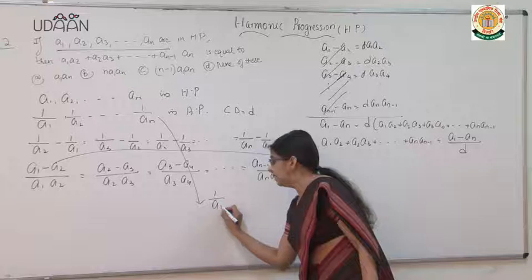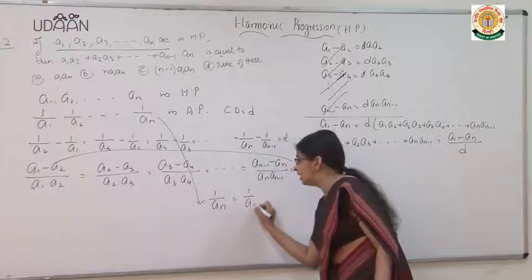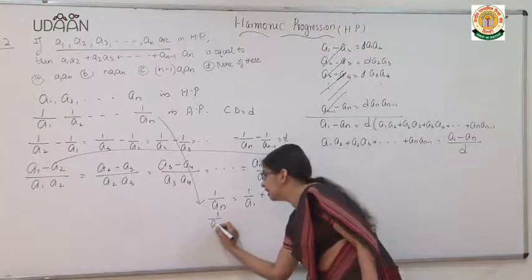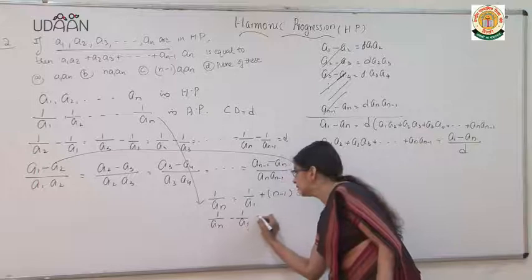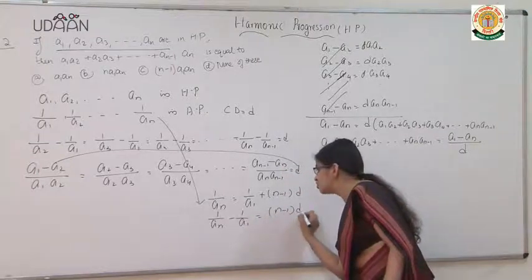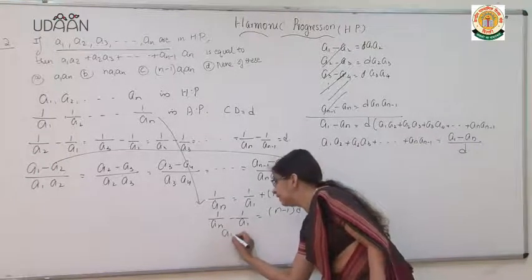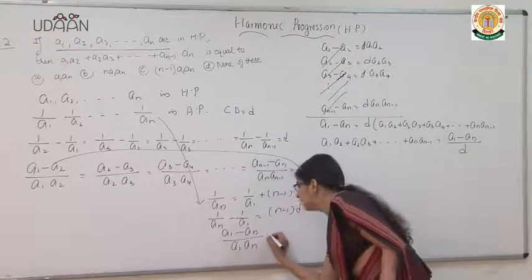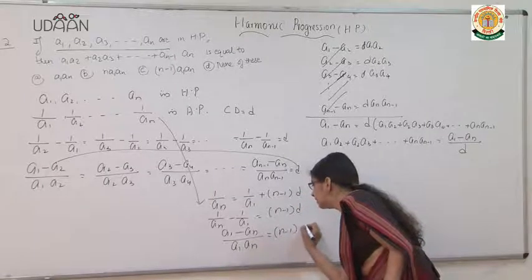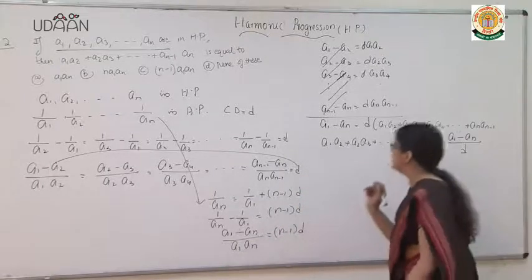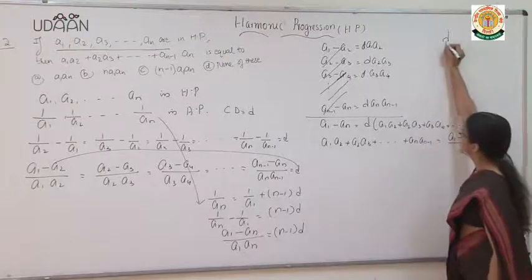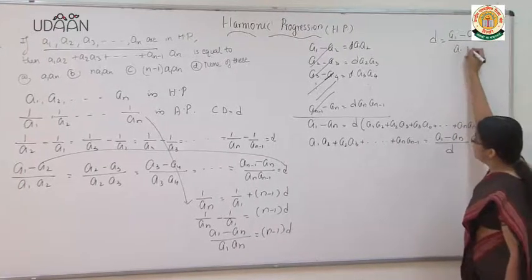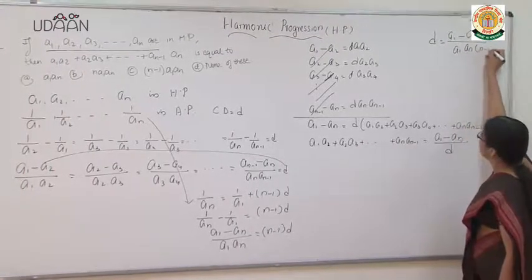So 1 by An equals 1 by A1 plus n minus 1 into D, or 1 by An minus 1 by A1 equals n minus 1 into D. Simplifying, A1 minus An divided by A1 into An equals n minus 1 into D. So the value of D is what? A1 minus An divided by A1 into An into n minus 1.